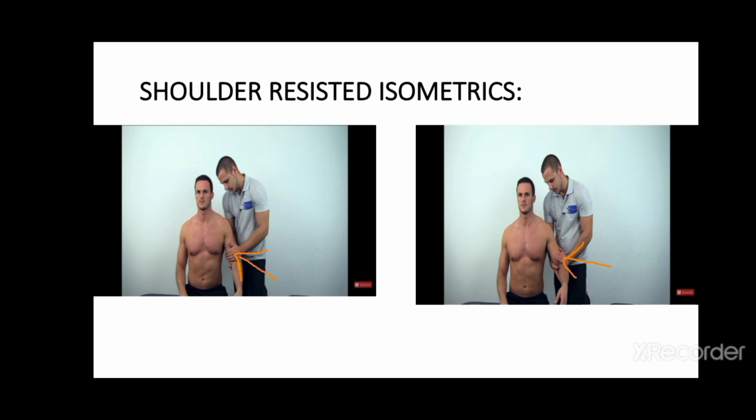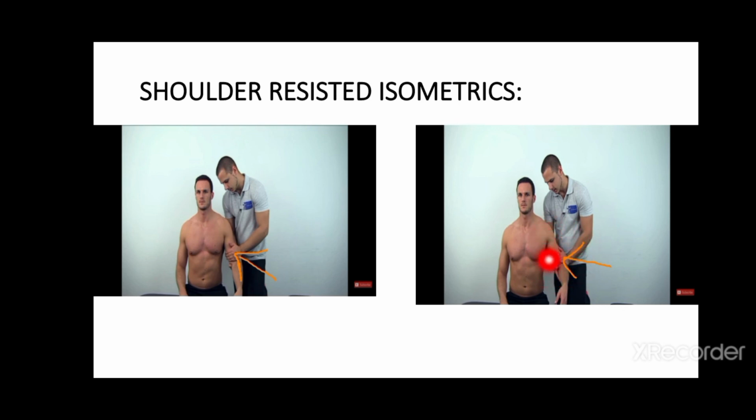Let's suppose the patient is complaining of pain, and on assessment there is weak contraction in the flexor muscles. It means there is a gross lesion in the flexors of the shoulder joint. The second example is, if you want to assess the abductors of the shoulder joint, then simply instruct the patient to abduct his arm in the mid range, and the therapist will resist the movement.